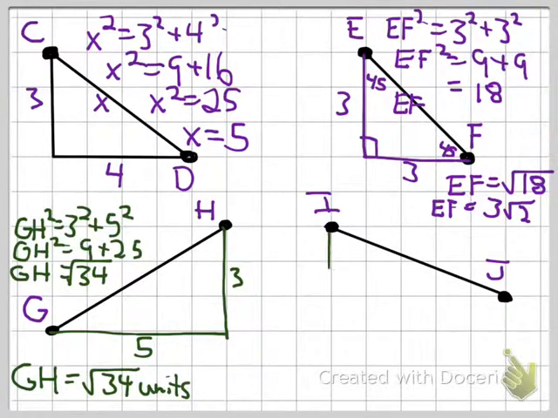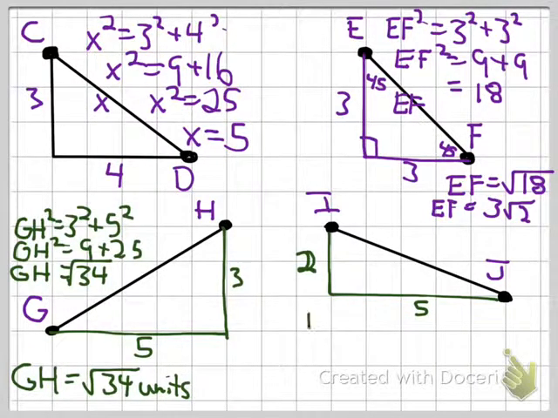Last one, I and J. We have 2 and 5. So let's think about this. We have GH and IJ. Each of them have a leg of 5, but one of them has 3, the other has 2. So what do you think? Do you think that GH or IJ is going to be longer?